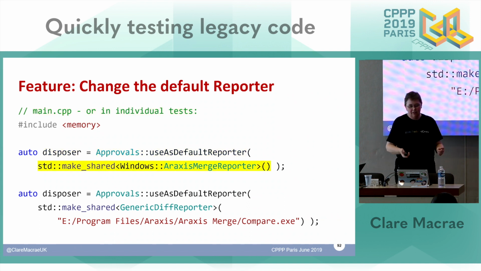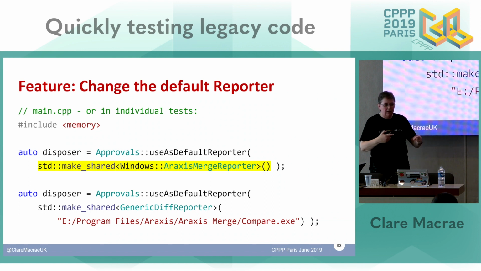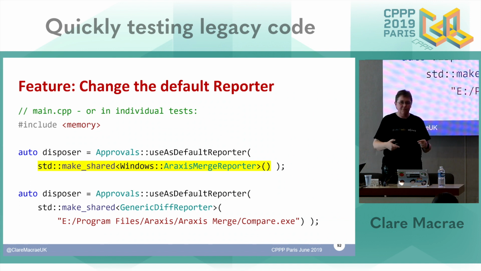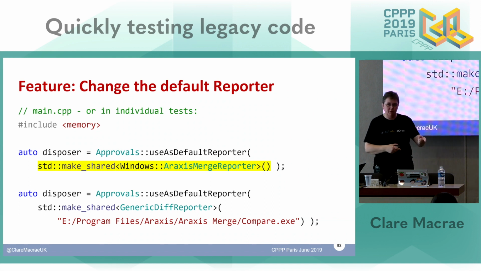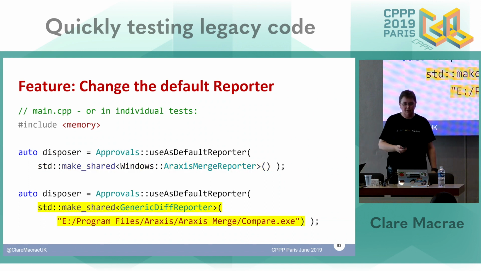So here, I had another differencing tool installed that approvals was picking up in preference to Araxis merge. But to create the screenshots I showed you earlier, I wanted to run Araxis merge. So that's how I told it, trust me, that's the one I want to use. Or you can give a path as well to a tool if you've got a tool that it doesn't even know about.